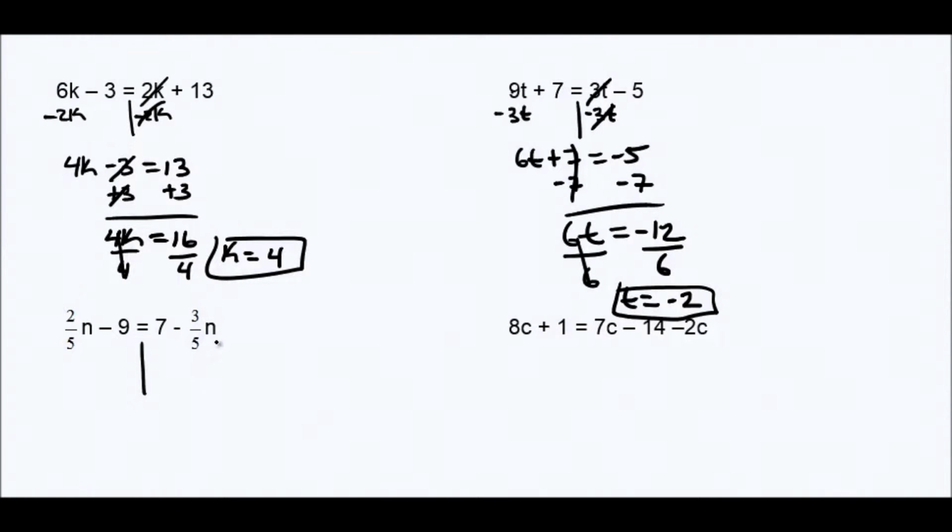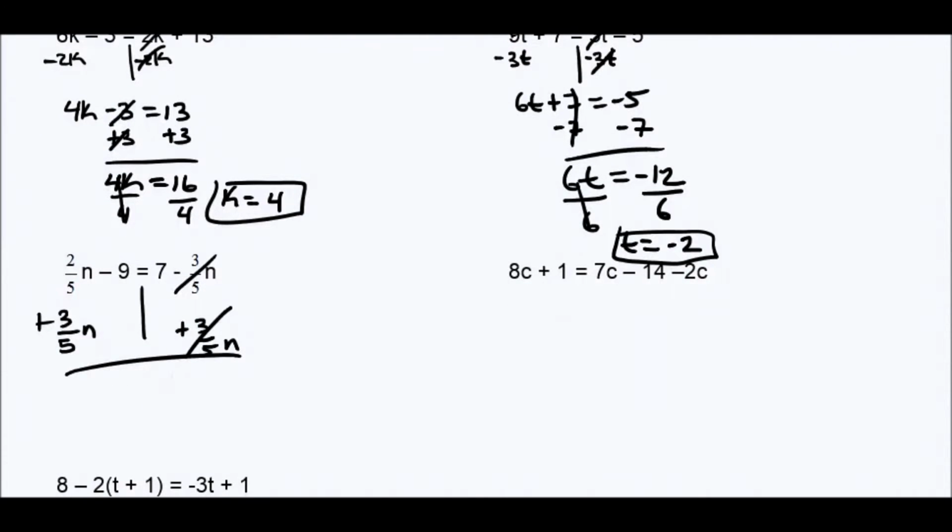Treat this like if it was negative 3n, then you would add 3n to both sides. So if it's negative 3/5 n, then we add 3/5 n to both sides. Okay, there's nothing hard about that. That zeroes out, and so what we're left with is, when you add and subtract fractions, you only add and subtract the numerators, and you keep your denominator the same.